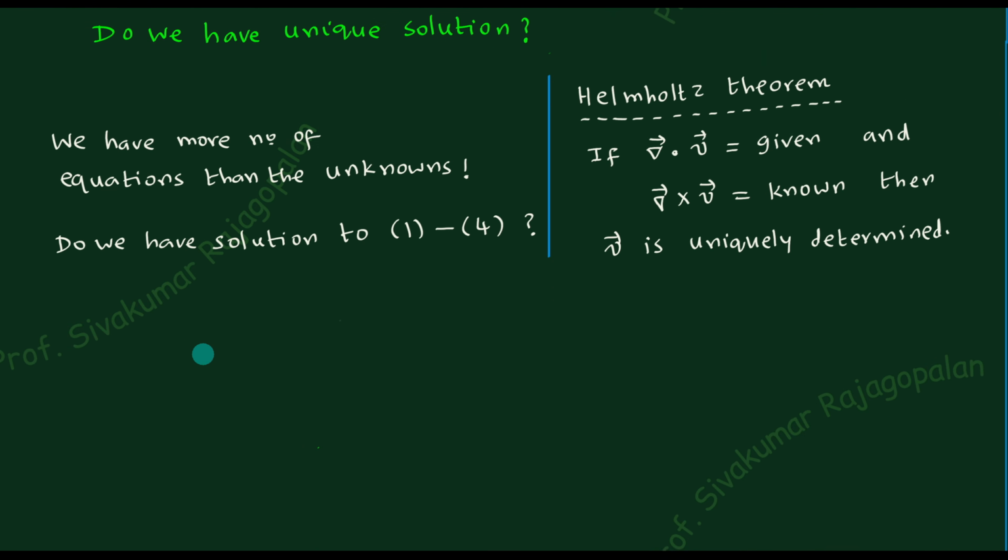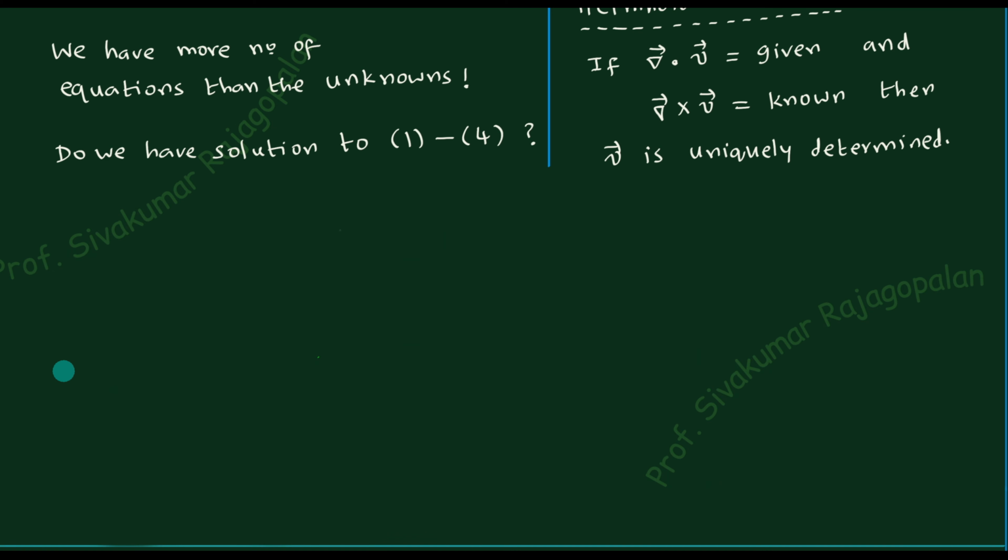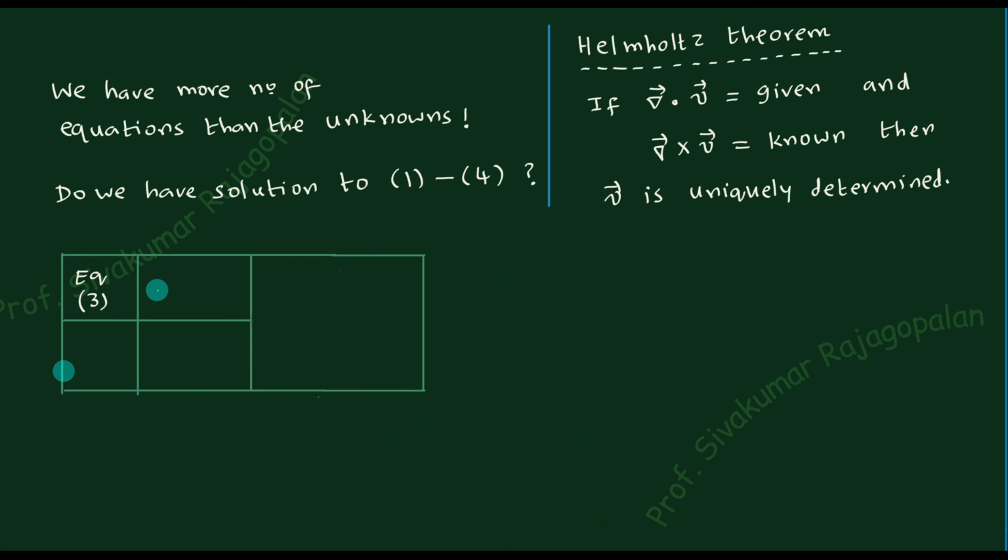I will just show that by checking whether divergence and curl are specified in the Maxwell equations. So equation 3 is the divergence of the vector field, and then the corresponding curl you have to search for. Where is the corresponding curl? It is equation 2.